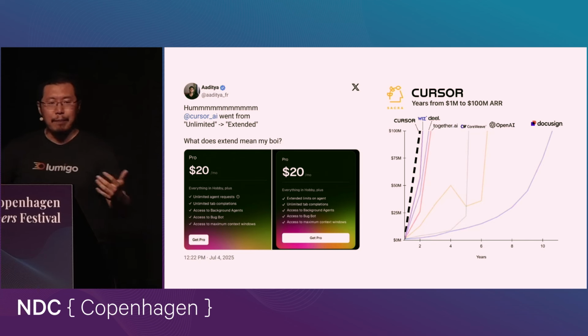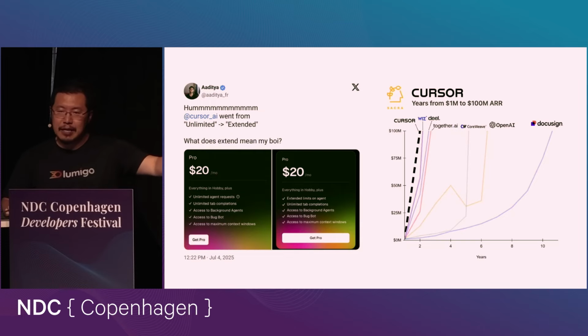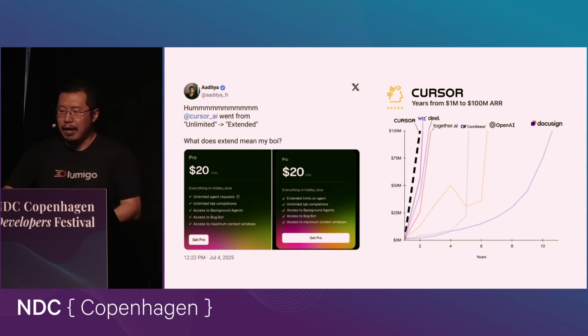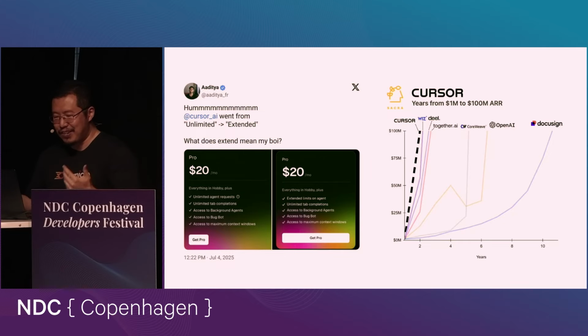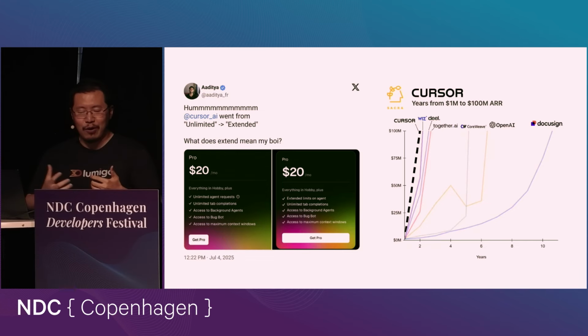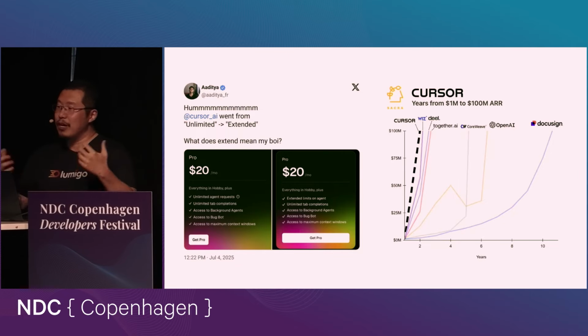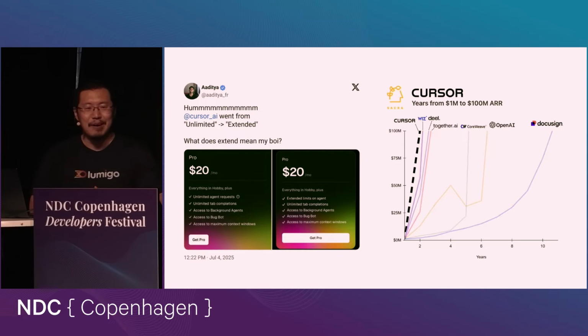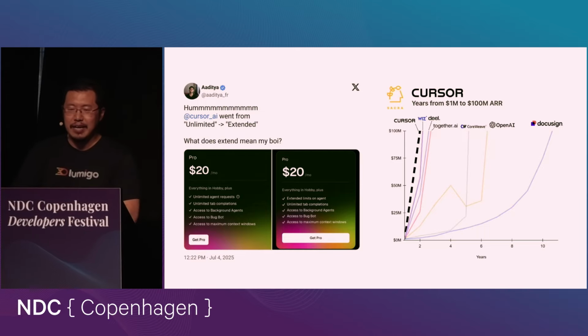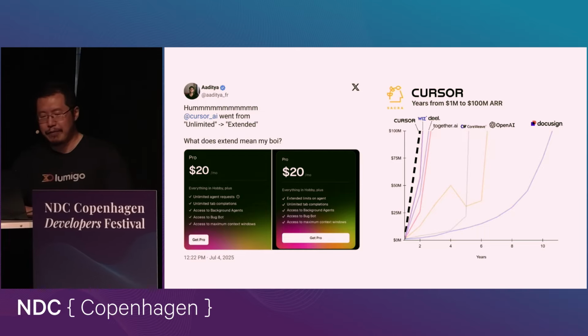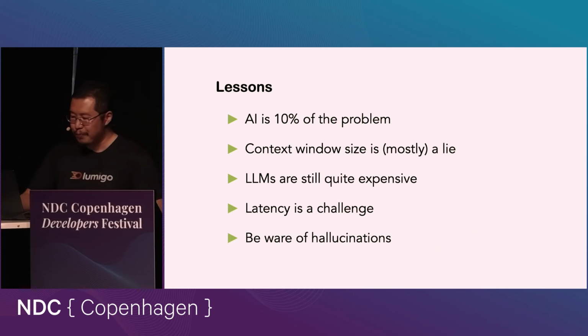Maybe there are other, more general public-facing tools that are profitable, but I'm pretty sure companies like Cursor are losing a lot of money, and they're all relying on investor money to keep pumping in and keep them going, and eventually, hopefully, they're able to charge everybody $200 instead of $20, because $10, $20 a month is just not going to be enough to pay for a lot of the AI usage.